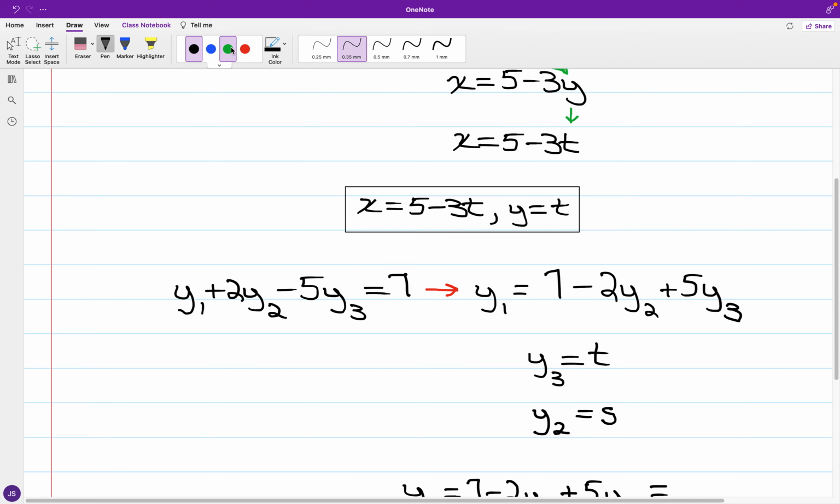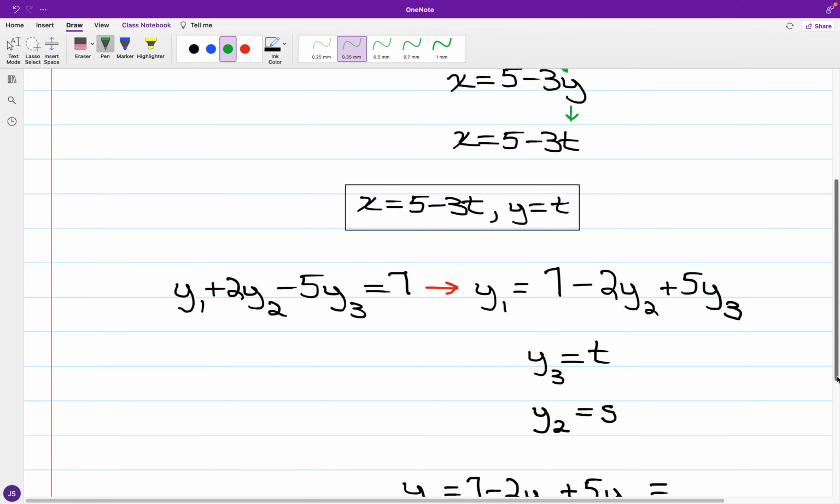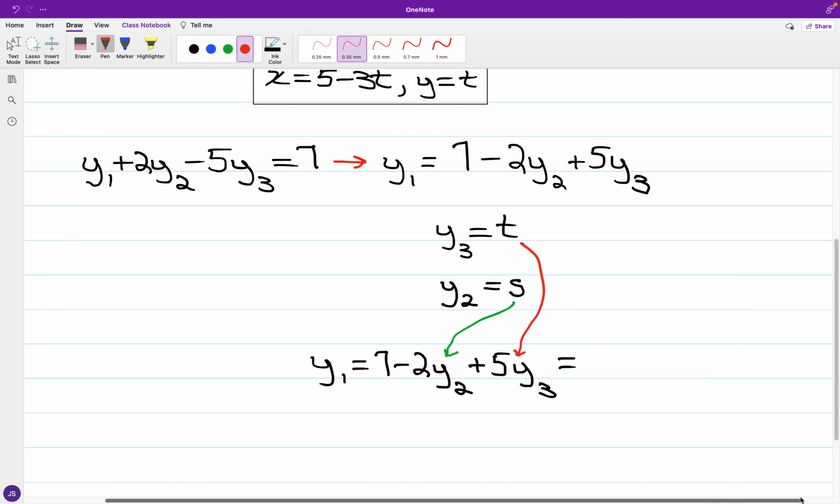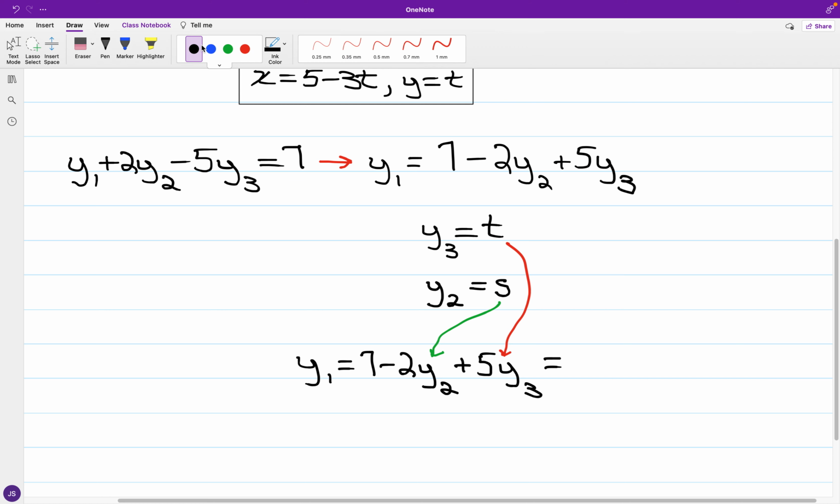Just plugging in, we have s in place of y2 and t in place of y3. So y1 will come out to 7 minus 2s plus 5t.